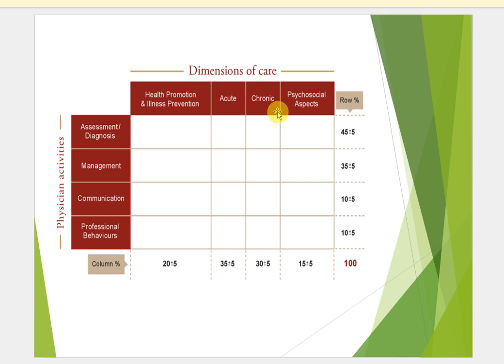The most important part of this test that differentiates it from other tests is that you need to have know-how about the Canadian healthcare system, the health guidelines that are followed there, the psychosocial aspect, health promotion and illness prevention, like preventive medicine, which is the most important part of this test, and the professional behaviors that are required of you as an international medical graduate, as a registered medical practitioner, as a family physician when you are practicing medicine in Canada.